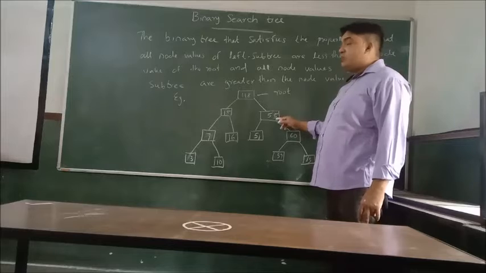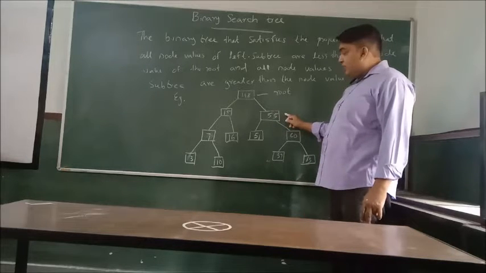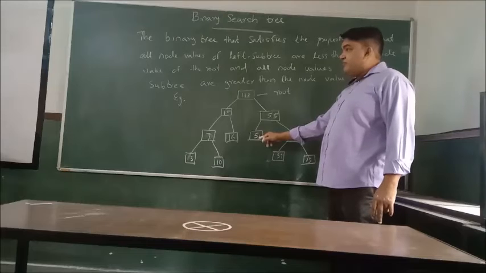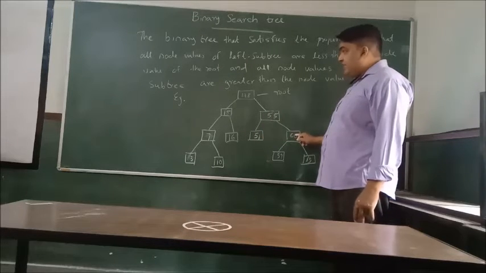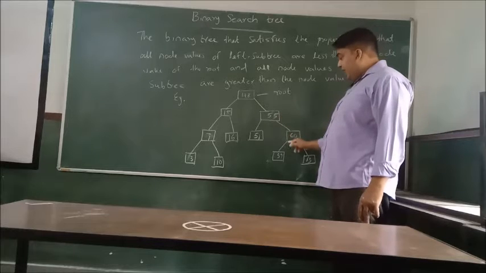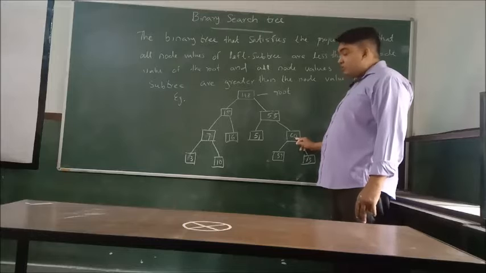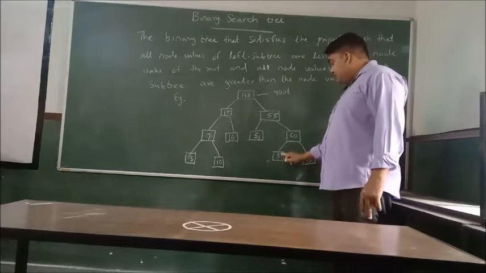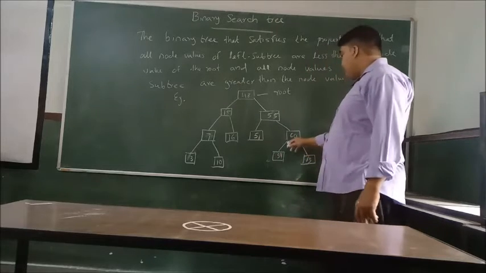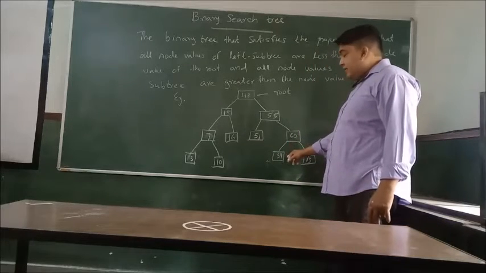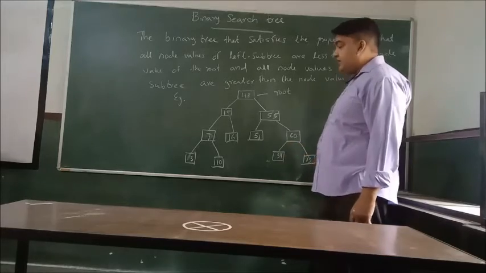See here also, take 55 as a root. On the left side it is 51, which is less than 55, and on the right side it is 60, which is greater than 55. Again, suppose you take 60 as a root, then 59 is on the left and 63 on the right.